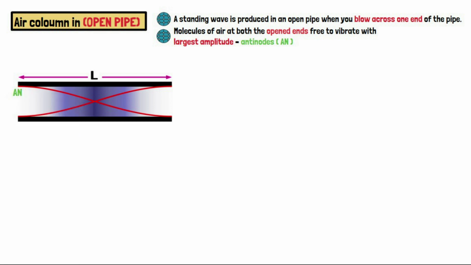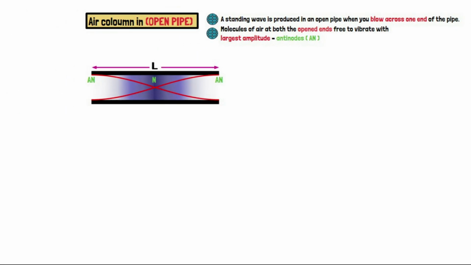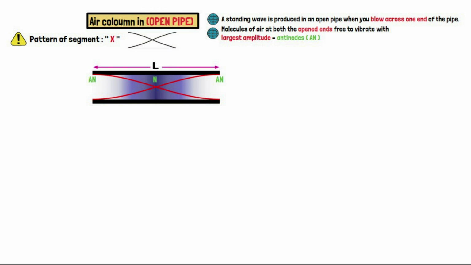Okay, and given that the length of the open pipe is equal to capital L, so apa lagi yang you perlu tahu? So selain daripada awak mesti tahu to label all the position of nodes and antinodes in the standing wave, so kena tahu dekat sini the pattern of the segment, saya selalu ingatkan pelajar, the pattern of the segment untuk open pipe adalah X pattern.